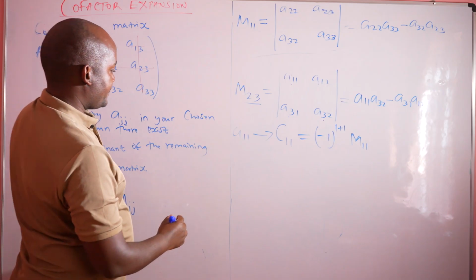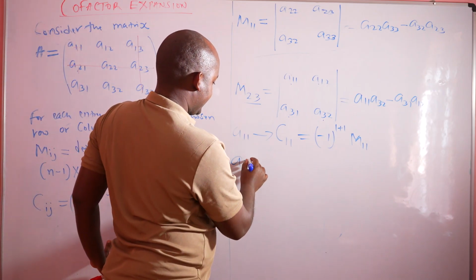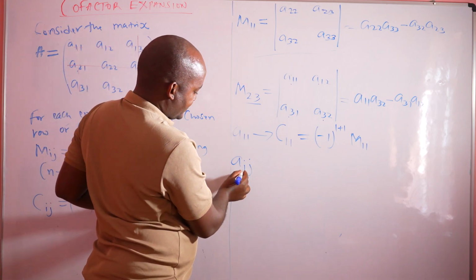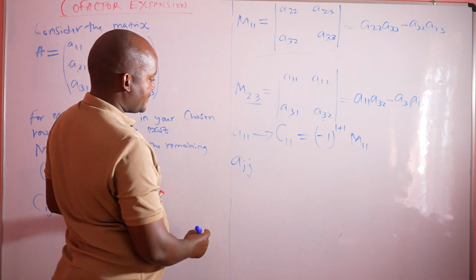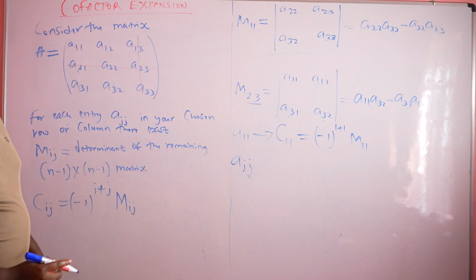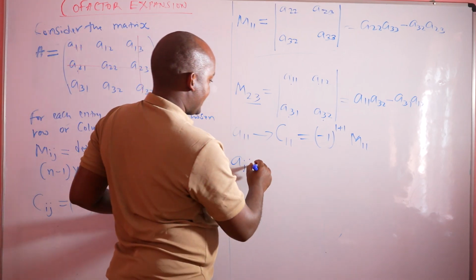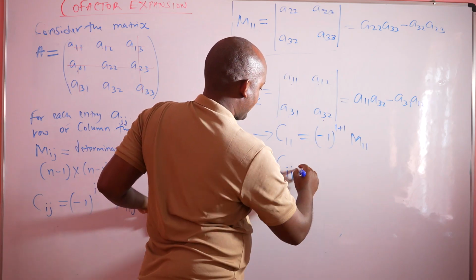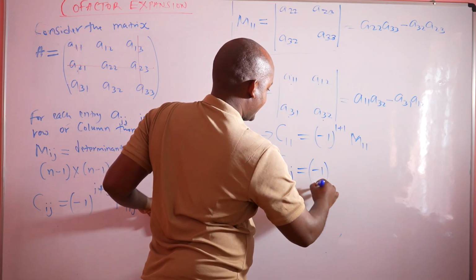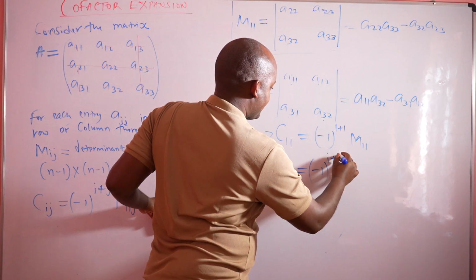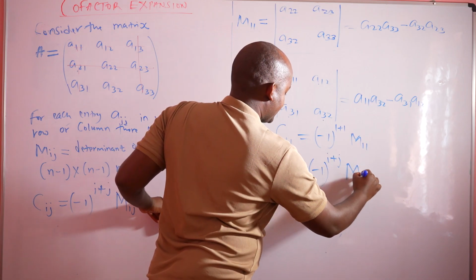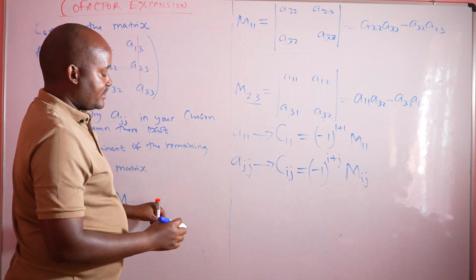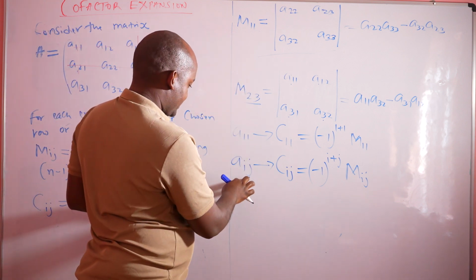And in general, we said that for Aij, this i is the position of that entry row wise, and this j is the position of that entry column wise. It should give us a cofactor that we are calling Cij, which will be equal to -1 raised to the power of i plus j multiplied by Mij.